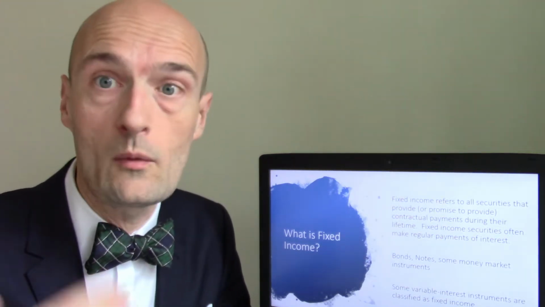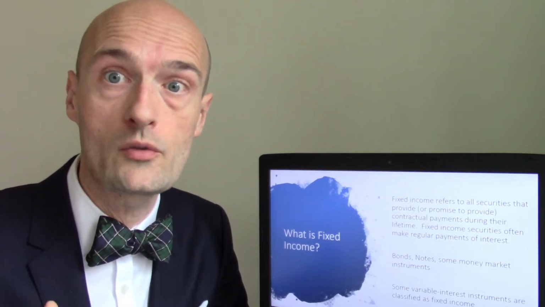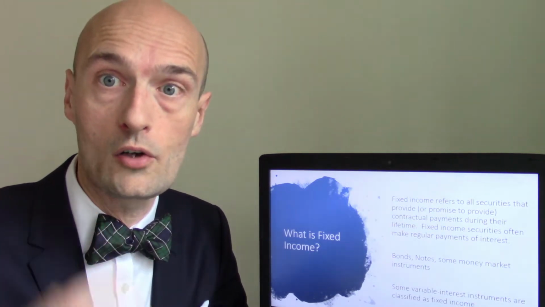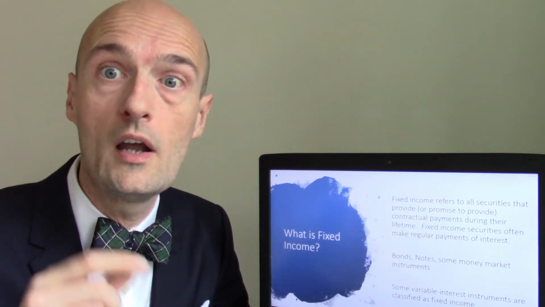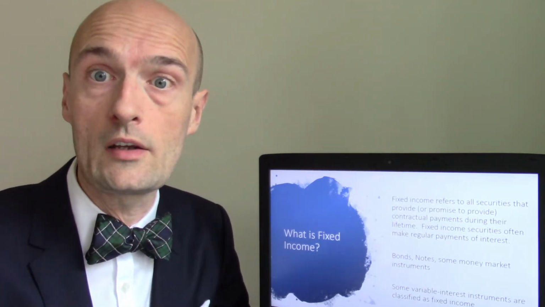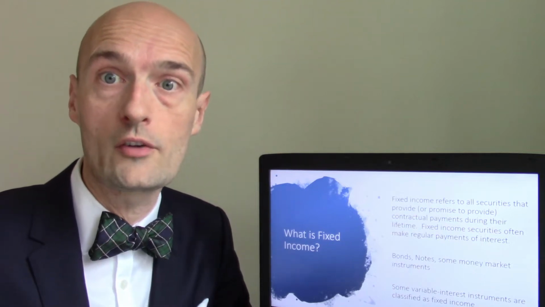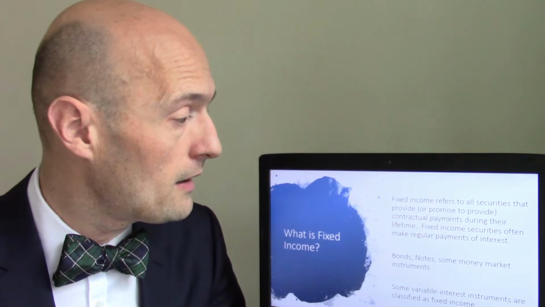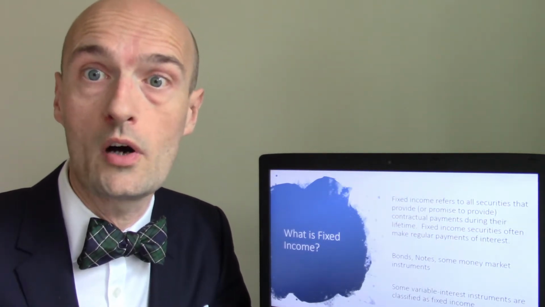An example of that would be something like what's known as TIPS, which are Treasury Inflation Protection Securities, and the coupon that you receive on those type of bonds relates to the level of inflation that's observed in the economy over the life of the Treasury Inflation Protection Security, or TIPS. So that is a quick introduction to what bonds are.